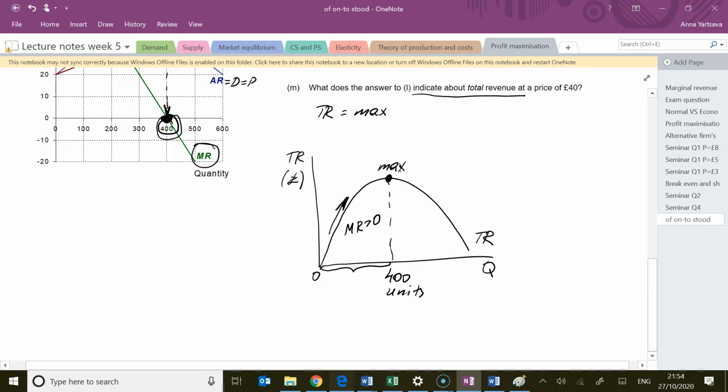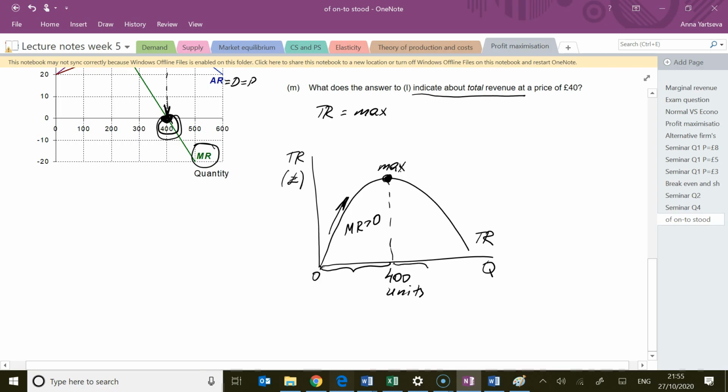For example, you used to earn 100, then you've earned marginal revenue equal to 2 pounds, which means that this unit generated 102 pounds of total revenue. Then you produce another item which adds 2 pounds on top. Your total revenue goes up to 104, and so on. And this will take place until you reach some point. So for marginal revenue greater than 0, your total revenue will increase.